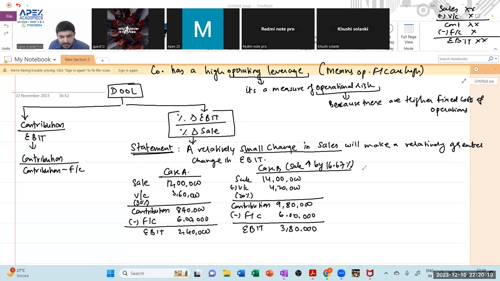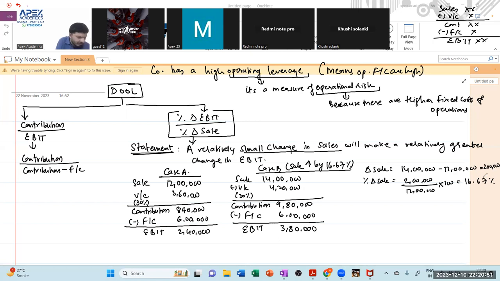Now, please understand. Delta sale means change in sale, which is 14 lakhs minus 12 lakhs. So, percentage delta sale is equal to 2 lakhs divided by 12 lakhs multiplied by 100, which is equal to 16.67%.